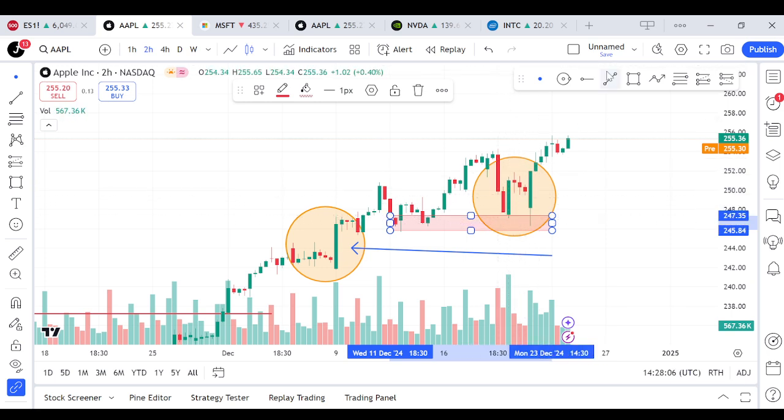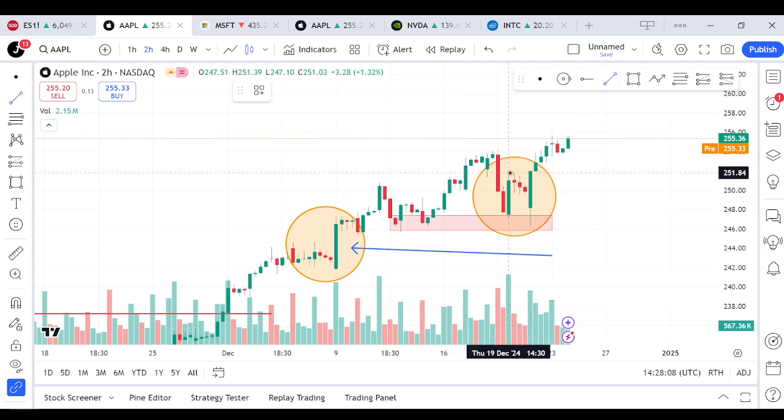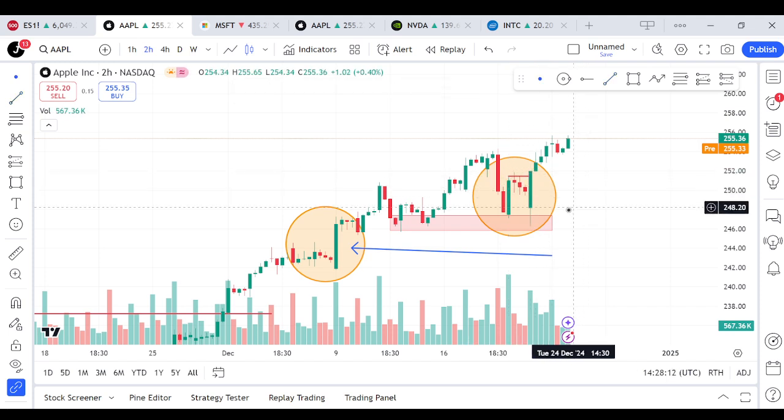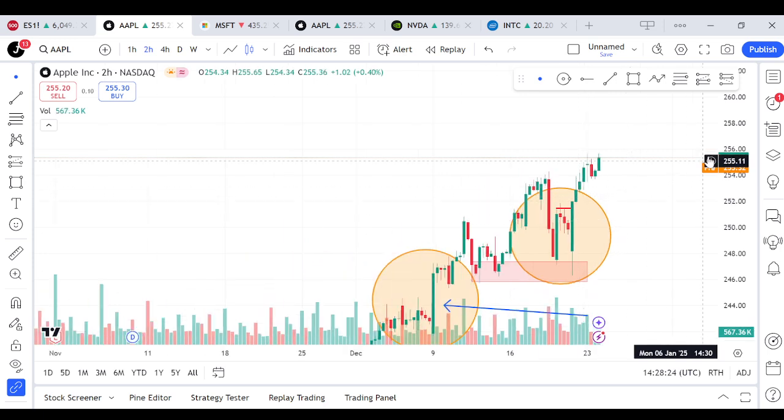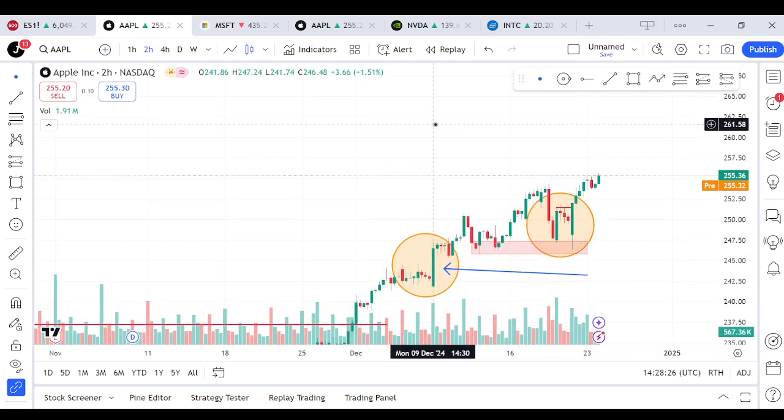And then we have the fourth candle closing above the first candle, as you can see right there. So this shows that we should be looking for buying opportunities and for a bullish continuation. And you can see after that, several candles are all bullish. So that is it for the rising three methods.